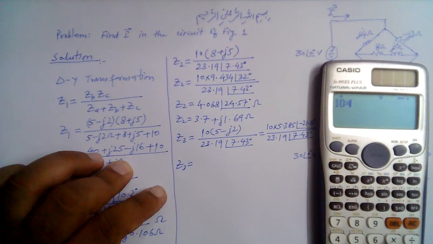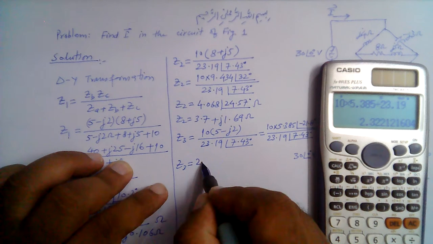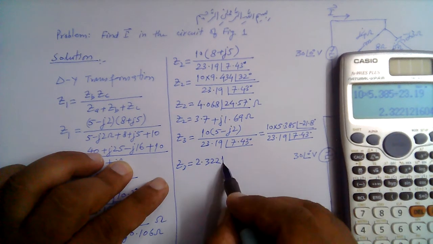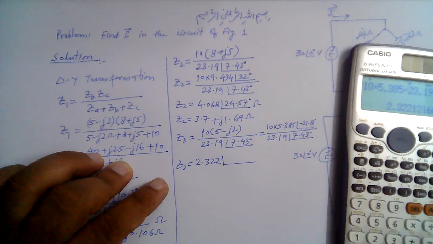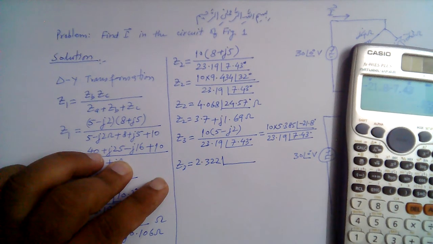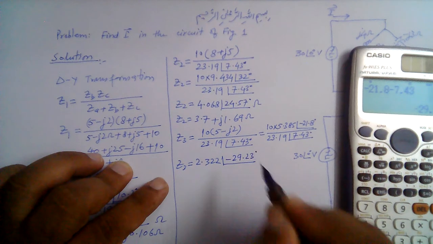So Z3 is equal to 10 multiplied by 5.385 divided by 23.19, and that is given by 2.322, and the angle is minus 21.8 minus 7.43, and that comes out to be minus 29.23 degrees.